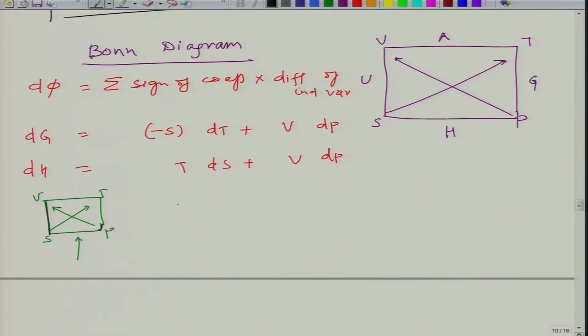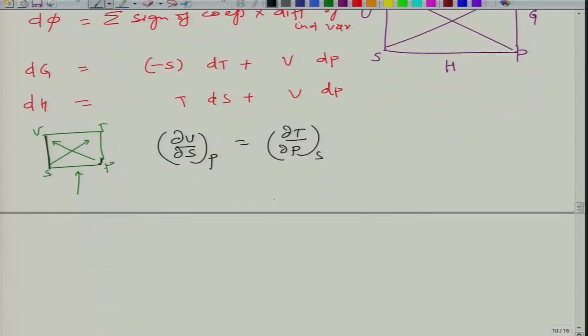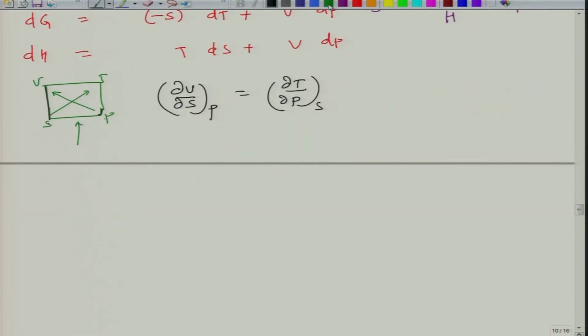So, essentially you can write it here as del V by del S, keeping P constant, and similarly this would be your edge here, del T by del P, but the corresponding other side is S here, okay. And since both the arrows are towards the other side, there is no negative sign here. Similarly, until I show you the other examples, you will not be clear.